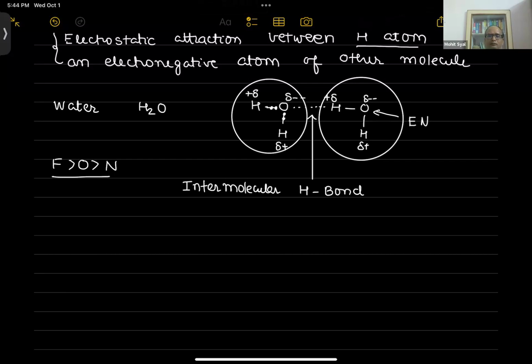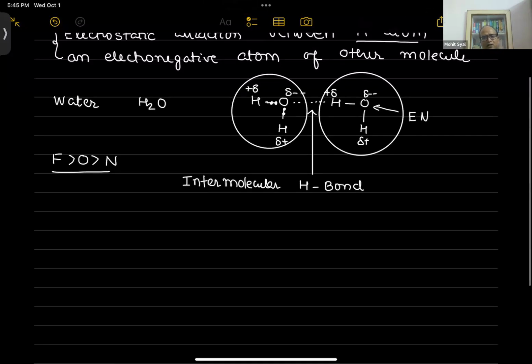Between two different molecules. Got it? It is between two molecules, so it is intermolecular hydrogen bonding.